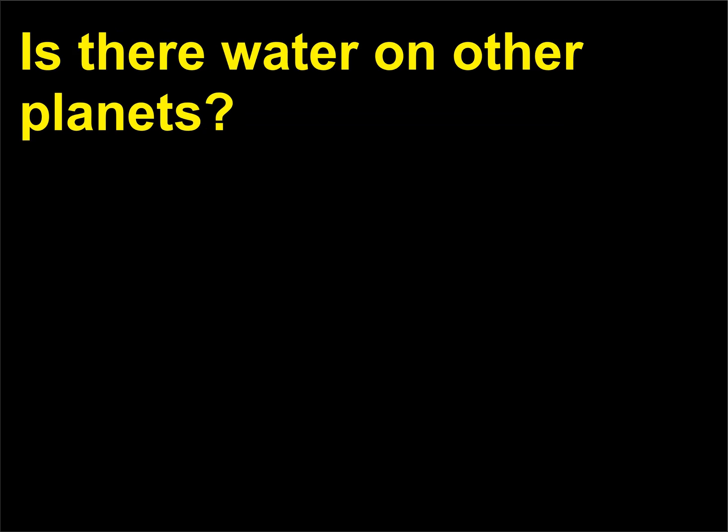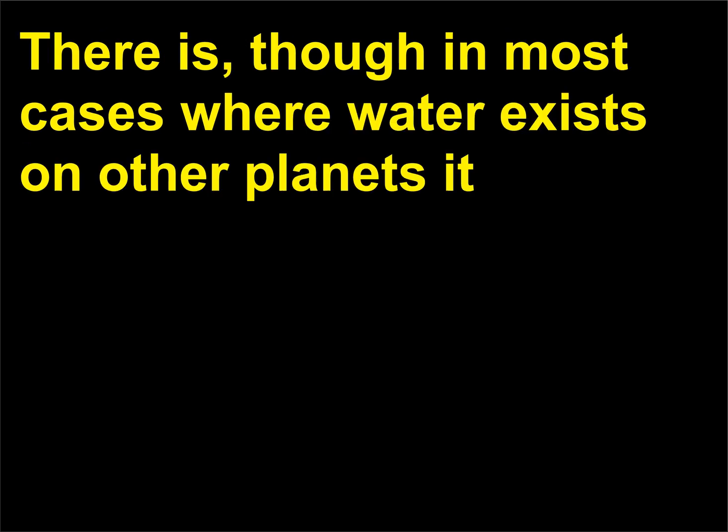Is there water on other planets? There is, though in most cases where water exists on other planets it does not exist predominantly in the liquid form, like here on Earth.